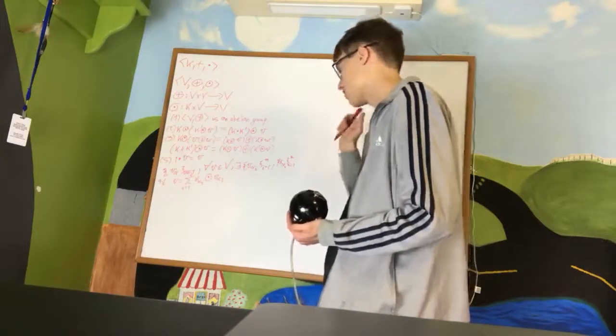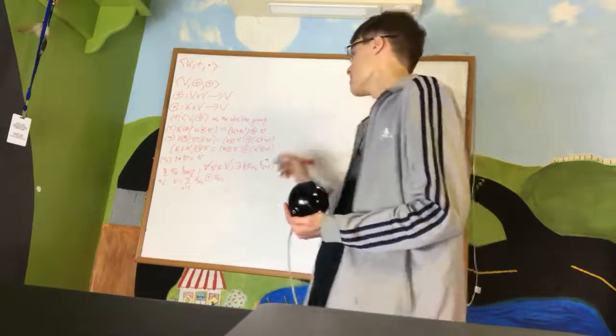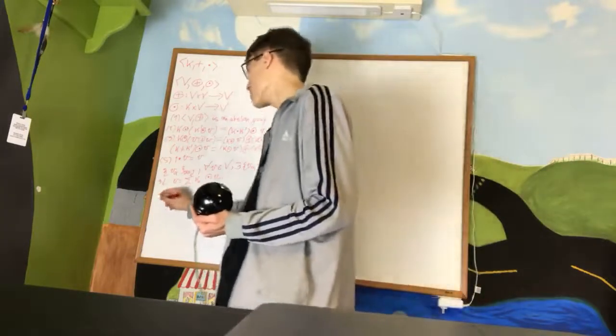Covectors, dual vector space. Now, what we can define are linear maps.